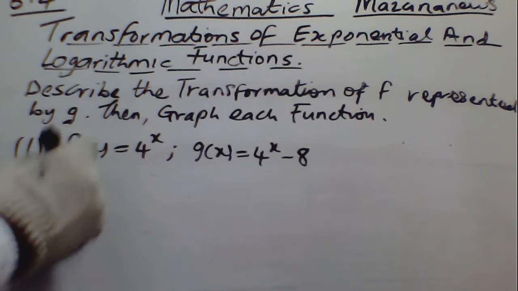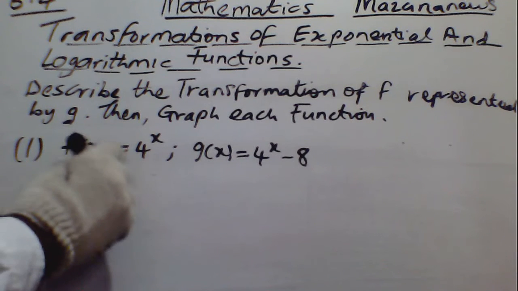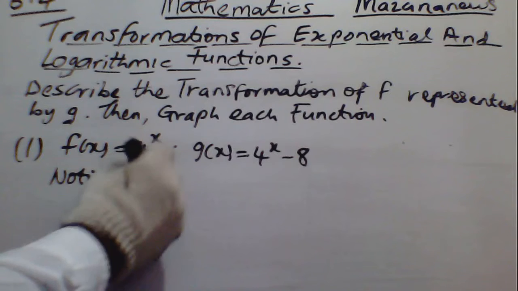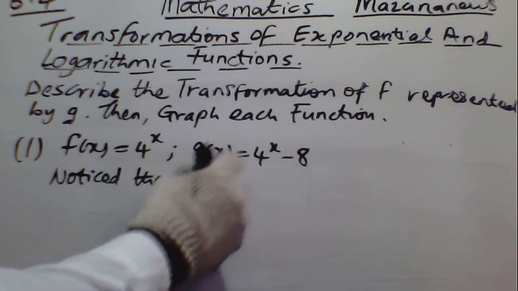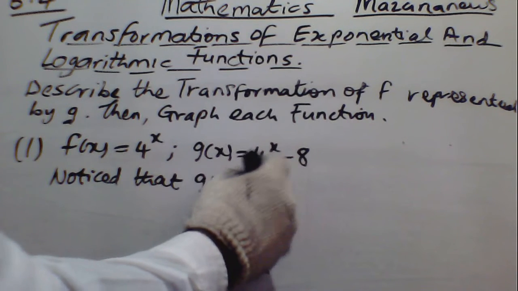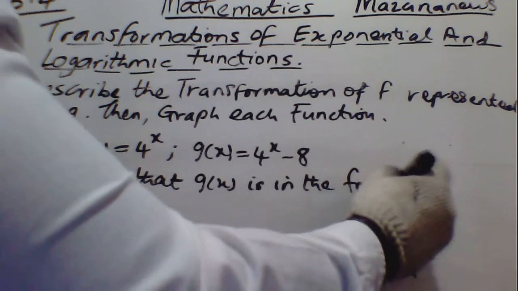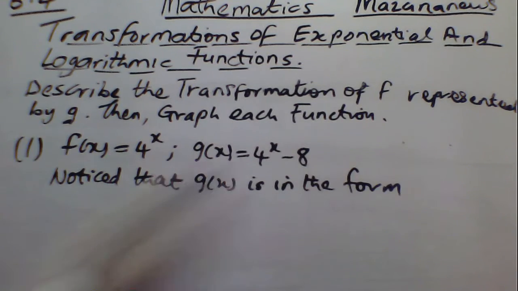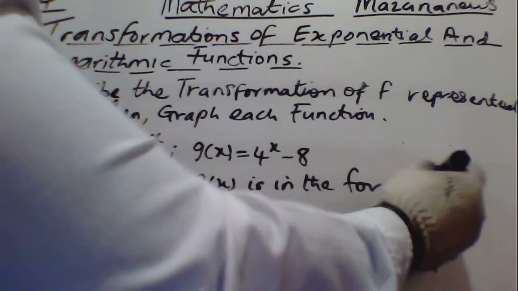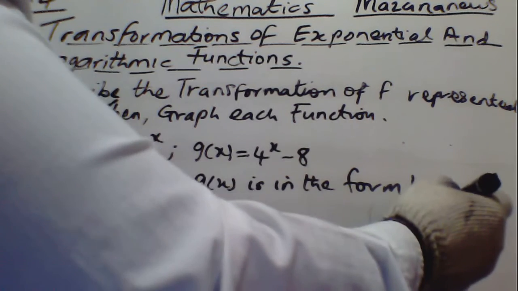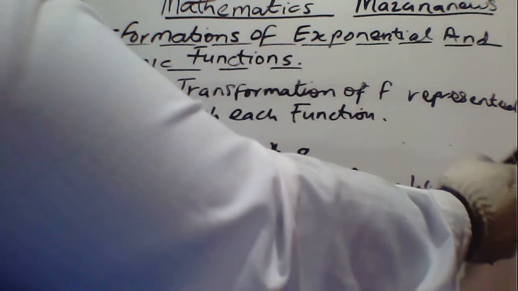So the first thing is to notice that g of x is in this form: g of x is equal to b raised to power ax plus or minus k.